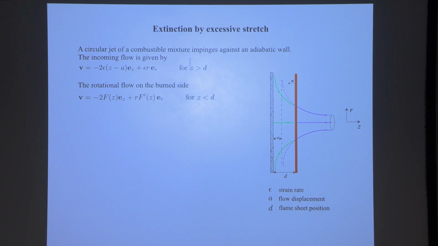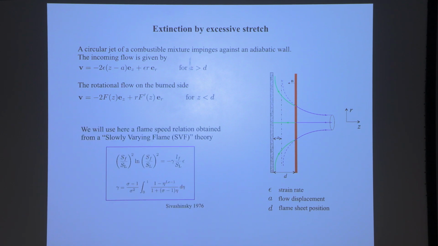But here I'm going to use a model for the flame speed, which has been referred to in the literature as slowly varying flame. The reason it didn't really catch on beyond when it was derived in the 80s is because it turned out that it always leads to unstable flame.